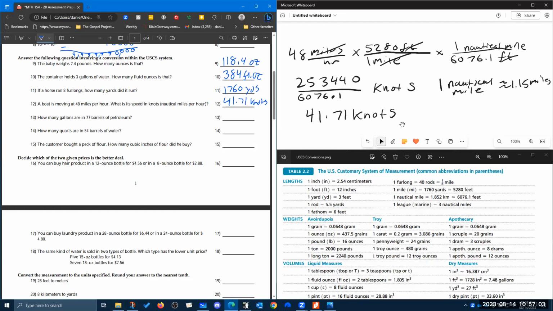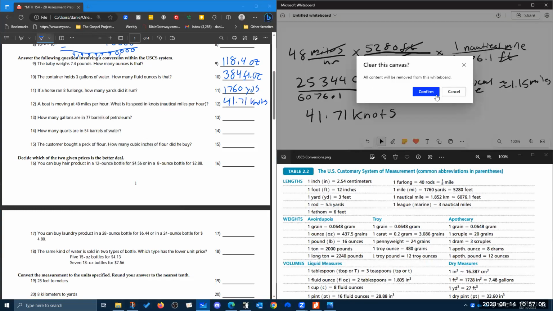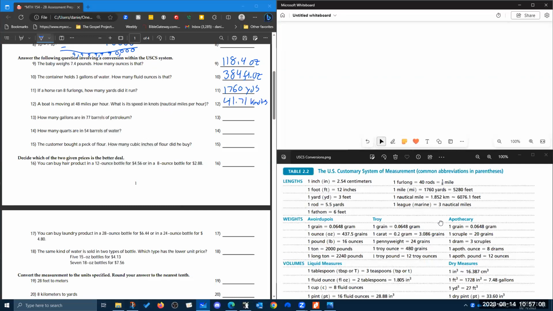How many gallons are in 77 barrels of petroleum? So let's look at volume.